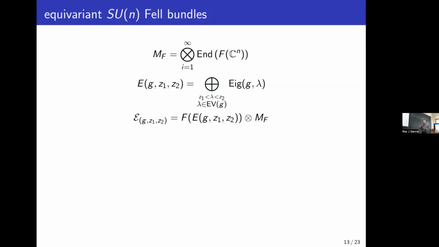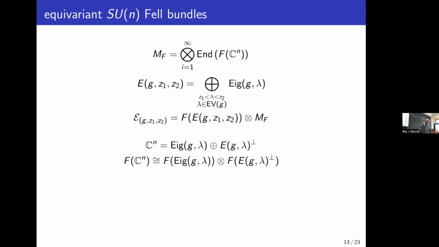So instead of working with automorphisms, we're going to look at the equivalent picture of bimodules. So instead of thinking of automorphisms, we're going to look at M_F bimodules. I can easily act M_F on the right, but how do I act it on the left?